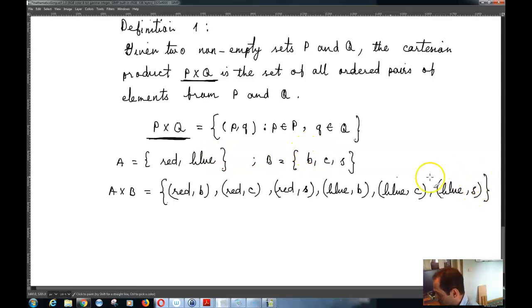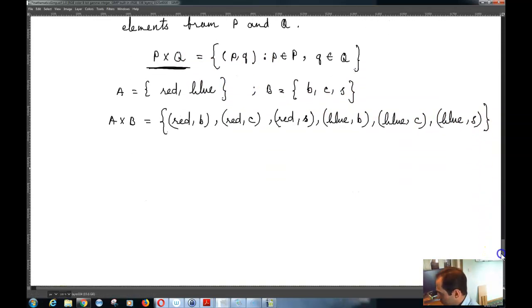Now you need to pay attention to all of these points in order to understand what a function actually is, because a function is based on all of this discussion that we have here.